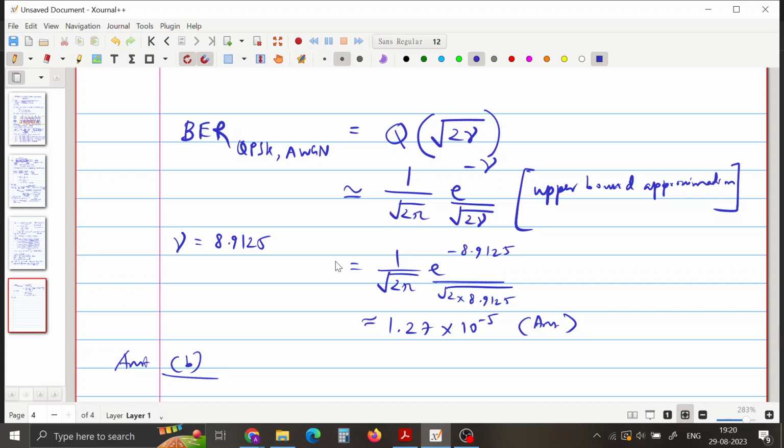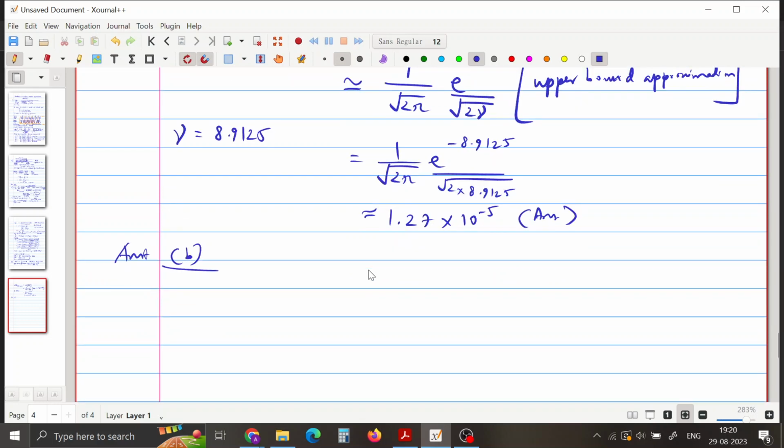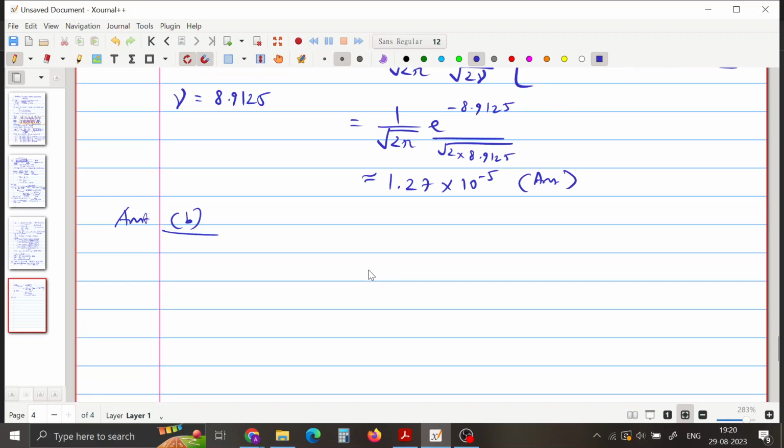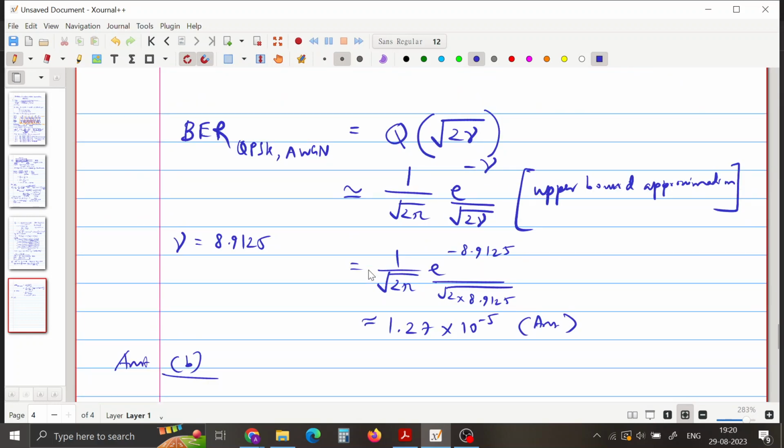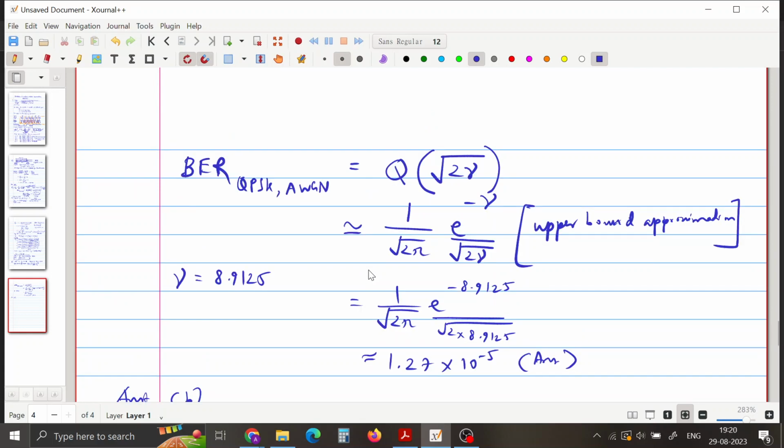So this was the case that you are asking. If you don't have any value of the Q function, you can use this approximate formula using the upper bound approximation. Upper bound approximation means this is the upper bound approximation for Q of z.